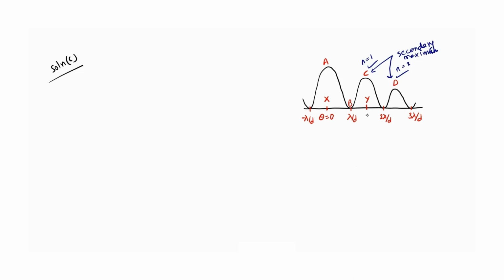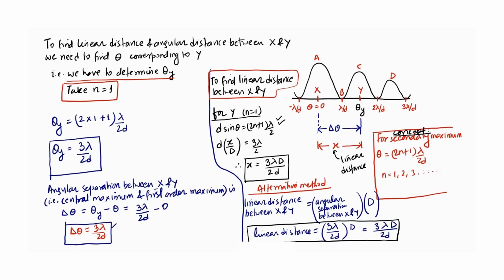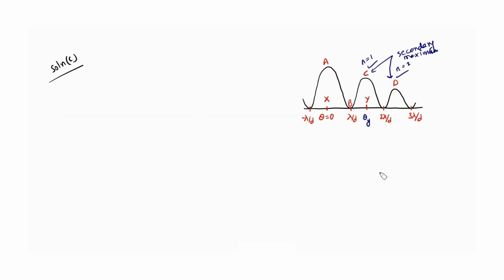So we have just found theta y, which equals 3 lambda by twice d. Now let us find the angular position corresponding to this position.